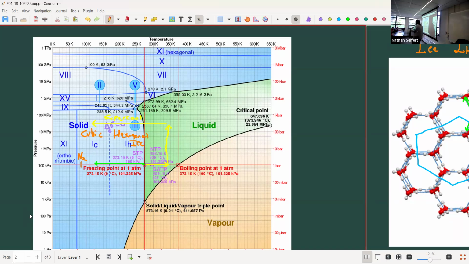Remember that freezing doesn't happen simultaneously or spontaneously. It happens locally at some point, and then the crystal grows. It nucleates out. And if there's nothing to nucleate at, then the barrier to begin crystallizing the water is so significant that the water doesn't nucleate. It doesn't freeze. It just stays liquid.